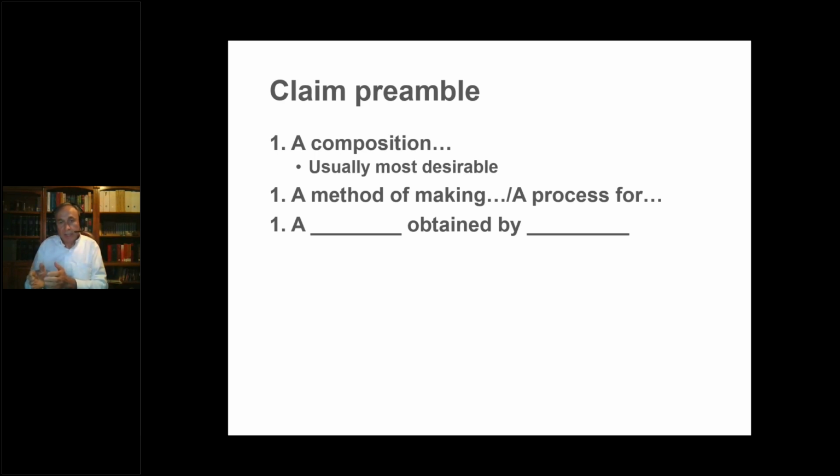It's called a product by process claim, a product obtained by a process. And the reason people don't like it is because it's kind of limited compared to the other 2. So generally speaking, if you can just look at a claim and see, is it a composition or is it a method, you're halfway to understanding the claim preamble.